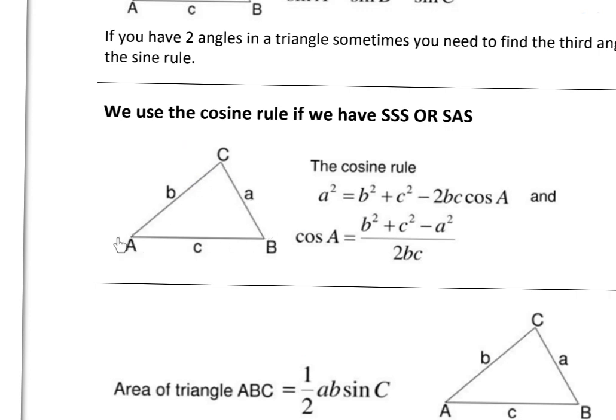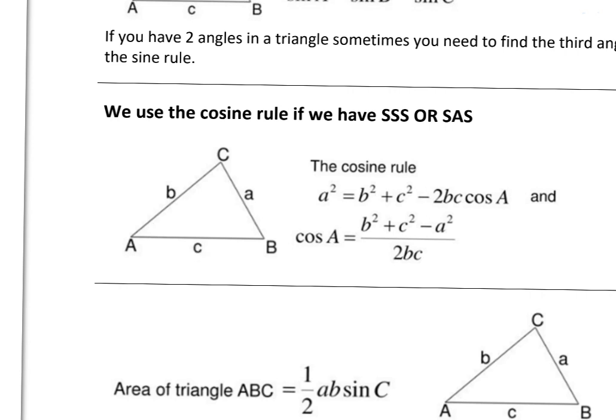The second case for cosine rule, if you have 3 sides, if you have a and b and c, you have all sides, then you can find any angle. For example, if I need to find angle A, and of course we have all sides, we can apply this rule. Cosine A equals b squared plus c squared minus a squared over 2 times b times c.